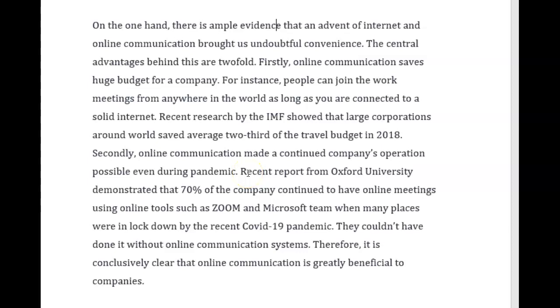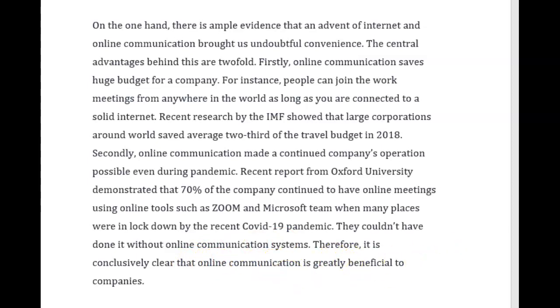"A recent report from Oxford University demonstrated that 70% of companies," and this should be plural, "continue to have online meetings using online tools such as Zoom and Microsoft Teams when many places were in lockdown by the recent COVID-19 pandemic. They couldn't have done it without online communication systems. Therefore, it is conclusively clear that online communication is greatly beneficial to companies."